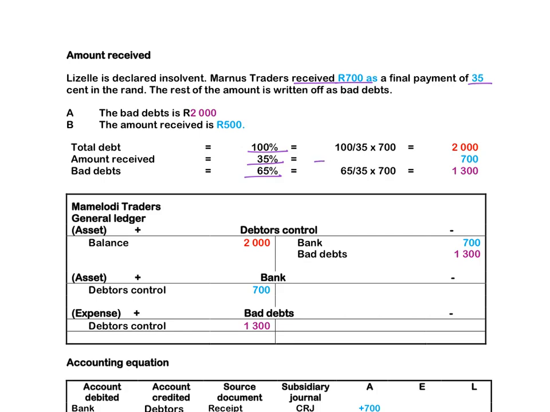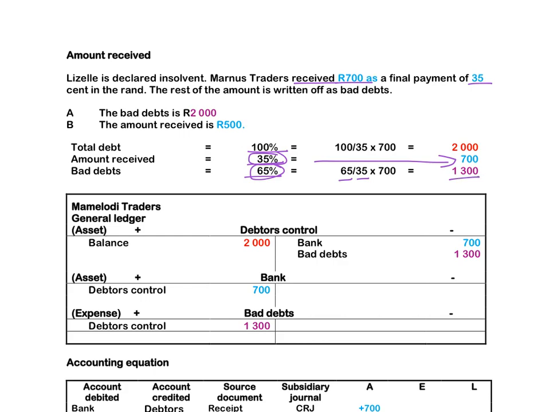The amount received is given, so 35% equals 700. If we want to calculate the bad debts, the one that we want, 65, divided by the one that we know, 35, times 700, and that will give me 1,300.